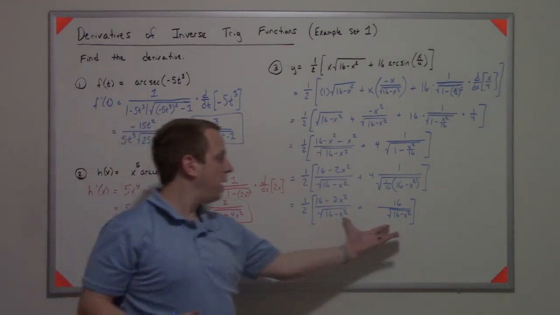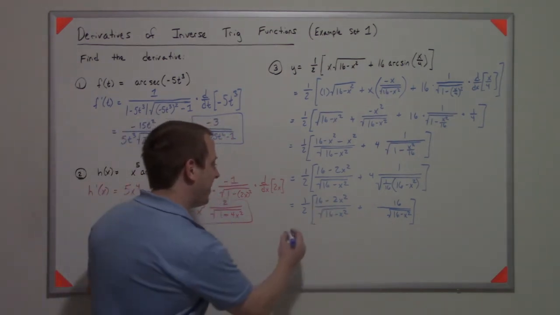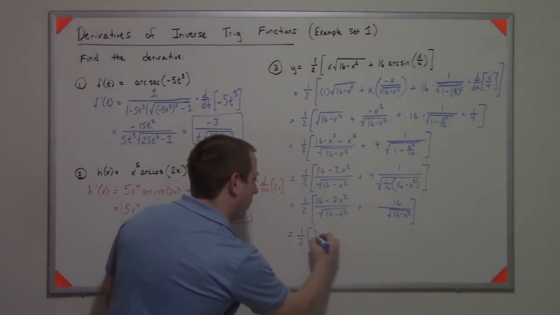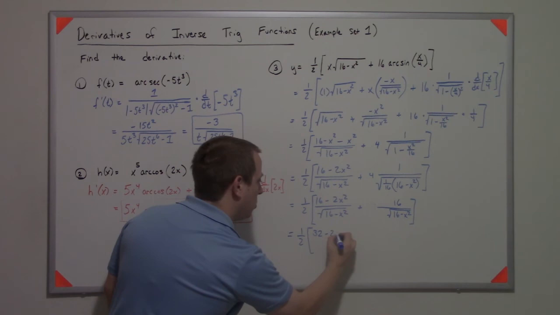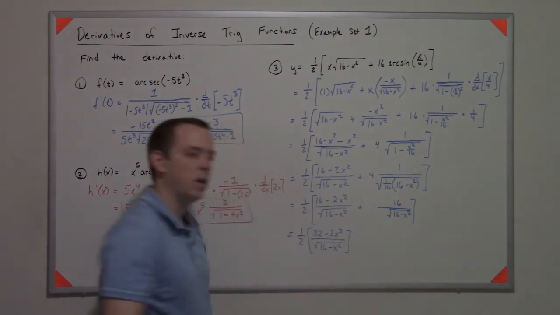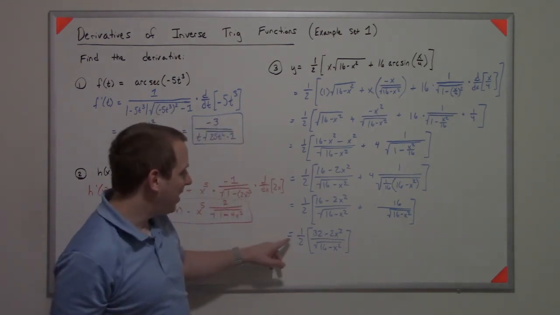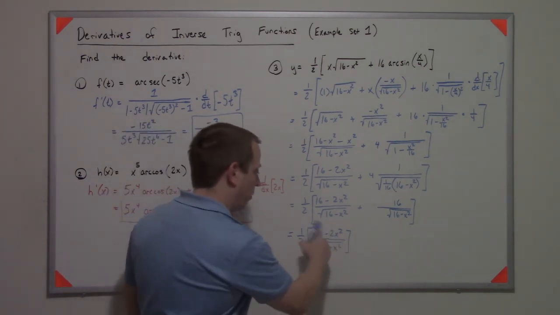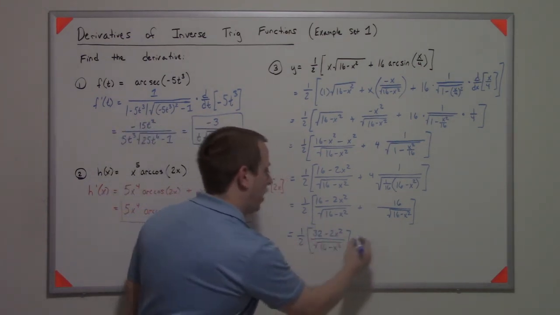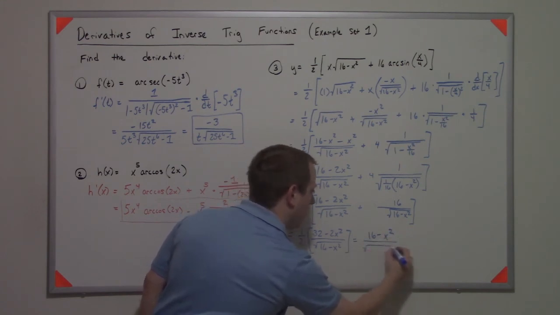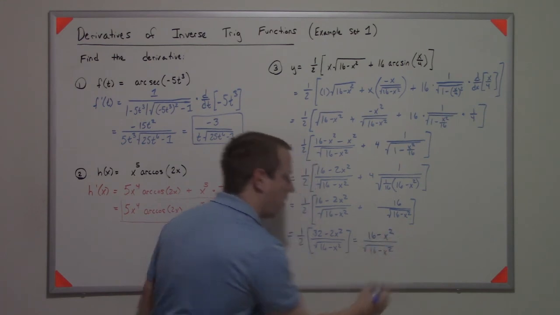The reason why I do that is now I can combine these and I get 1/2 times 32 minus 2x squared over the square root of 16 minus x squared. At which point, I can then distribute the 1/2. If I factor out a 2 from there and cancel, I get 16 minus x squared over the square root of 16 minus x squared.